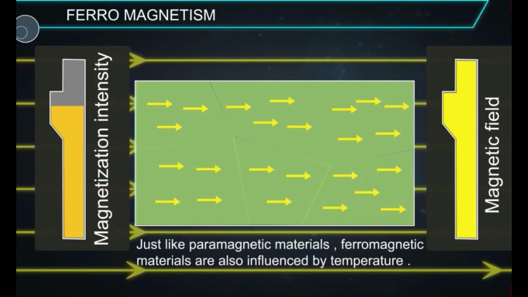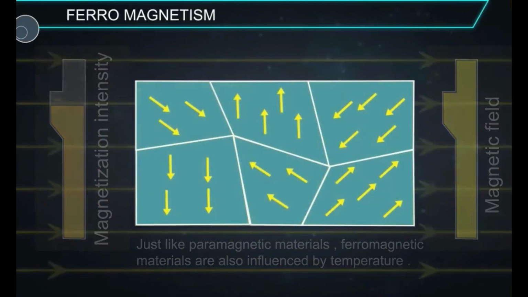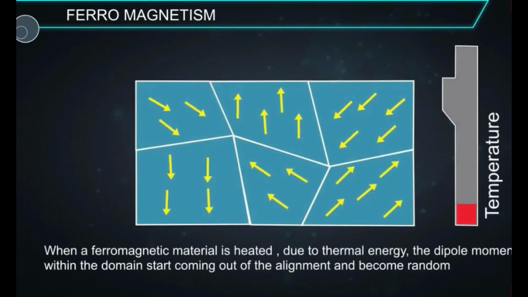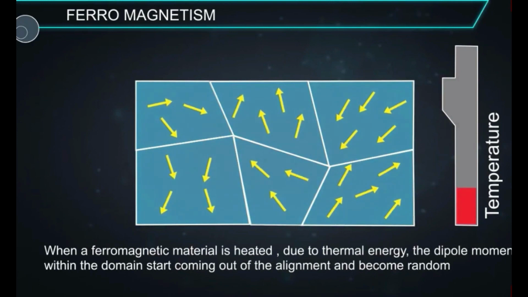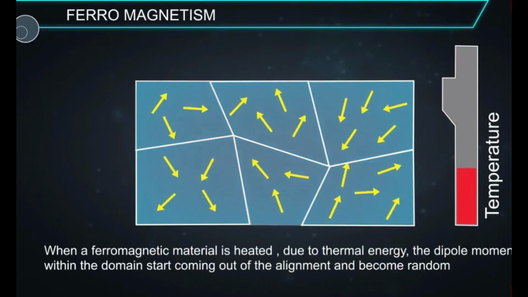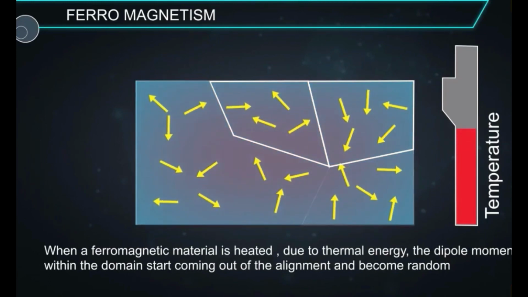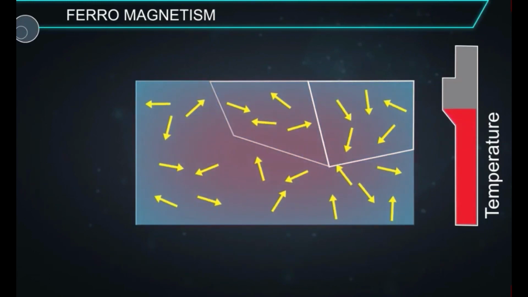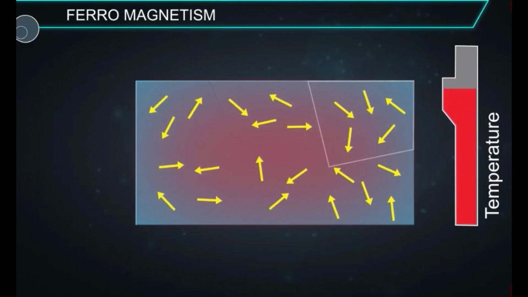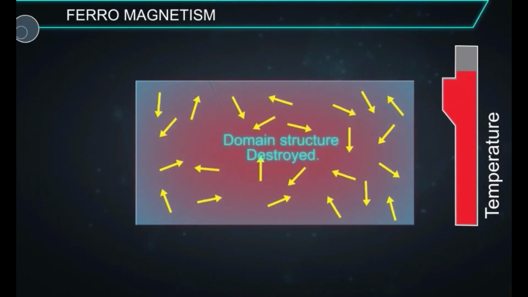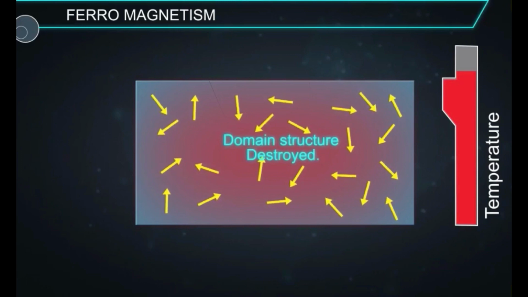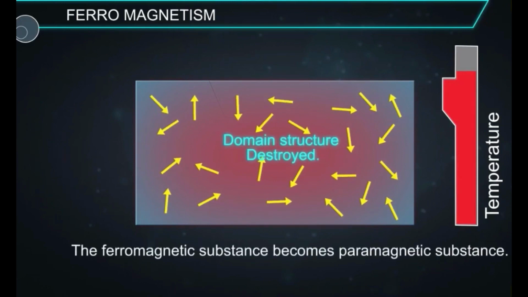Just like paramagnetic materials, ferromagnetic materials are also influenced by temperature. When a ferromagnetic material is heated, due to thermal energy the dipole moments within the domain start coming out of alignment and become random. The randomization goes on increasing. Then, at a particular temperature, the domain structure becomes completely destroyed and the ferromagnetic substance becomes a paramagnetic substance.